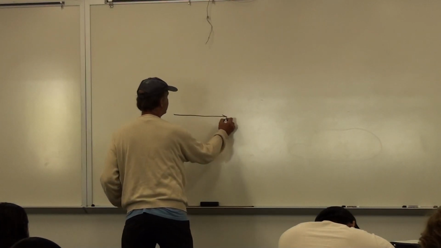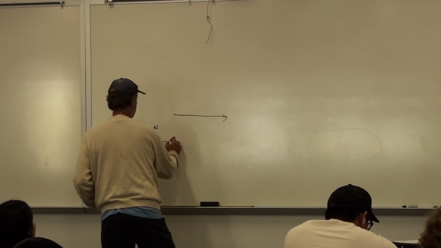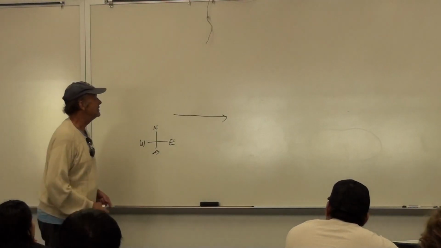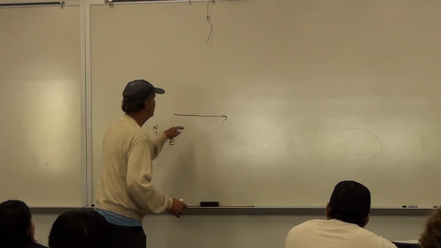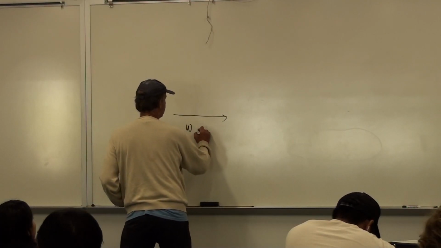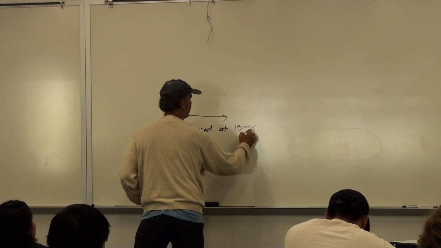So even though it's pointed toward the east, we call it a westerly wind because it's coming from the west. That's not important for this class, but that's just the terminology. And so this would be a westerly wind at 15 miles per hour.